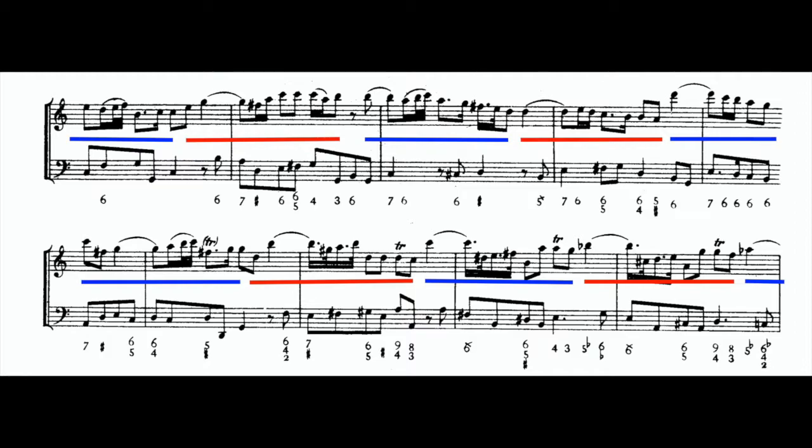This lower C is two things. It's the end of the phrase before, and probably the beginning of the phrase after.